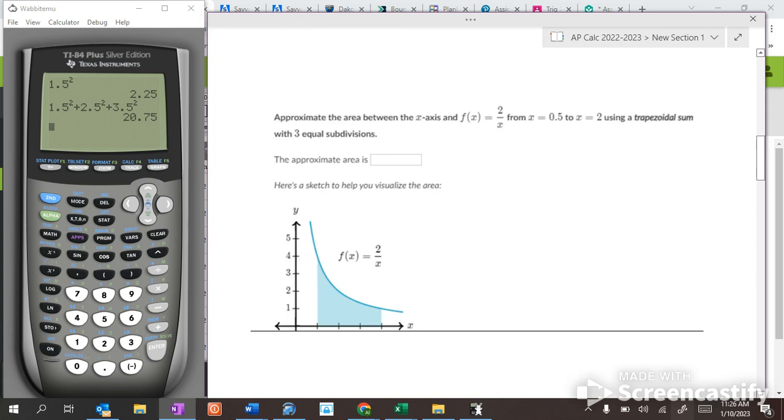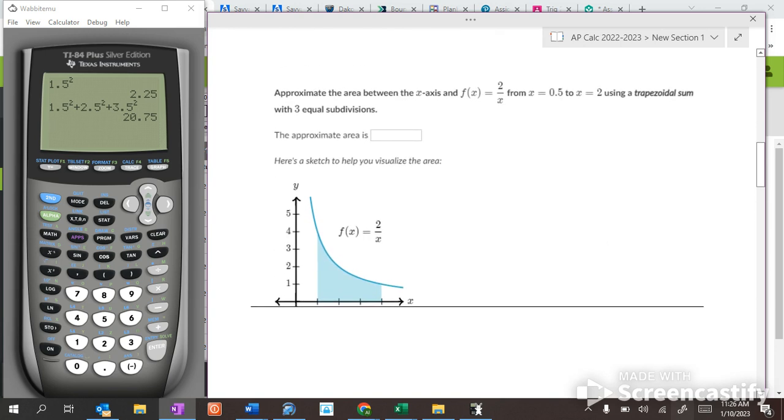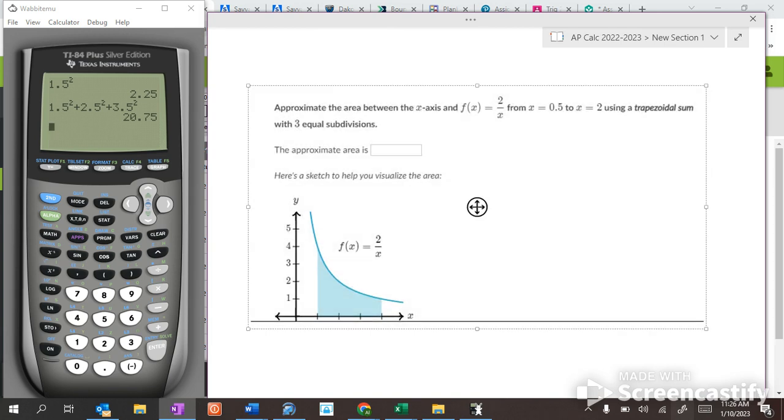Okay, here's another trapezoidal sum. So we're having 3 equal subdivisions, and I cut off the bottom, and I shouldn't have done that because this is 0.5, 1, 1.5, and 2. So between 0.5 and 2, each of these is 1/2.